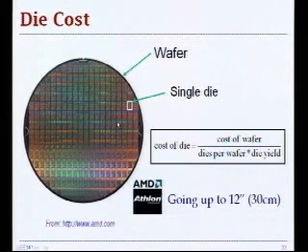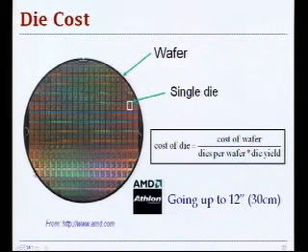And after your wafer is manufactured, you slice up the wafer into dice. And so the cost of a single die is equal to the cost of the wafer divided by the number of dies per wafer. But it's not only that, the number of dies per wafer, it is also important to factor in separating the good dies from the bad dies.